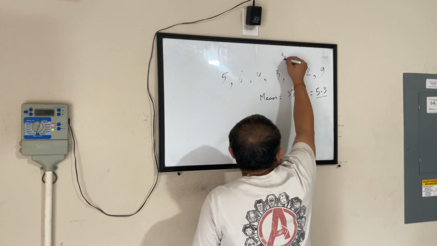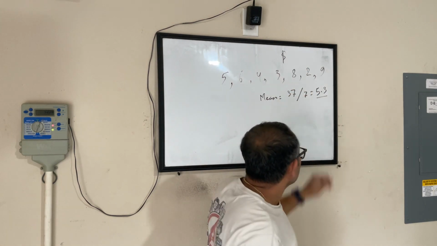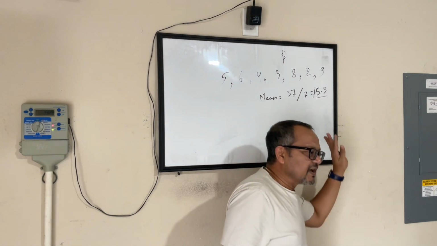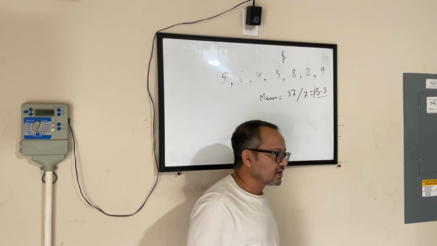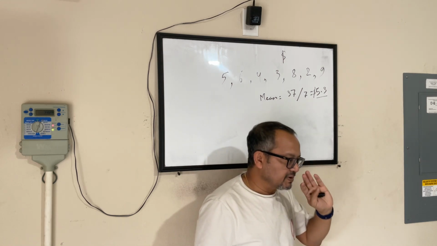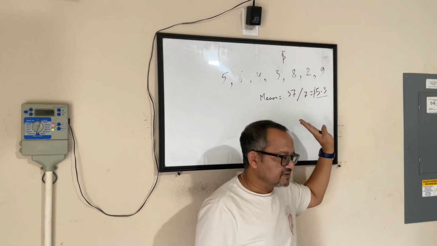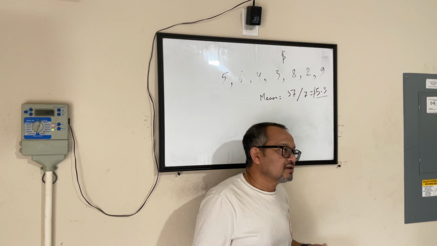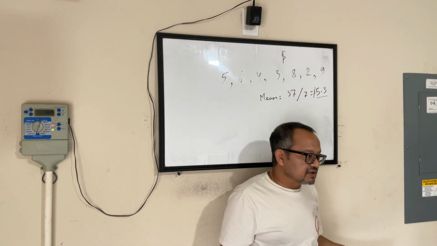Let's say it was all in dollars. So mean tells us that the average price of the vegetables per pound is 5.3, more or less. Everybody with me, right? I have just taken the average, nothing else. Mean and average are two terms that you can use interchangeably.